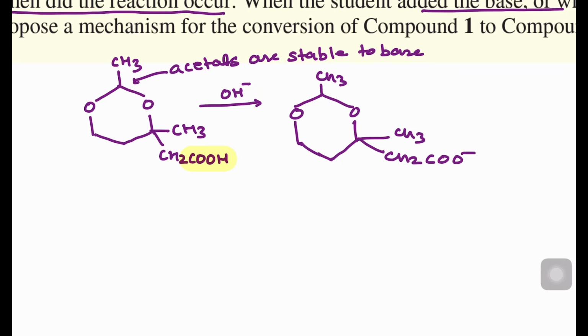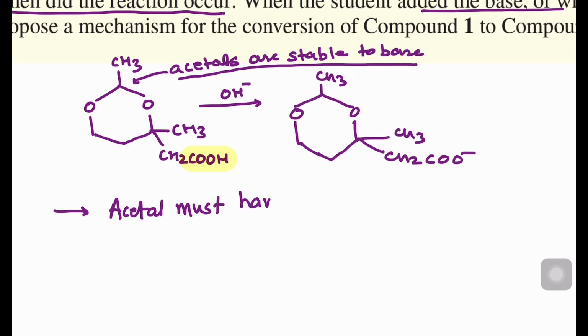That's it. So since acetals are stable to base, hence acetal must have cleaved when the student was adding the acid. So we can conclude that acetal must have cleaved when acid was added.